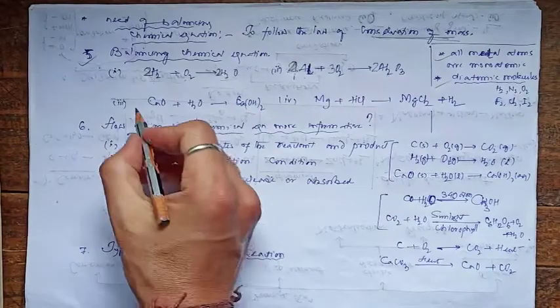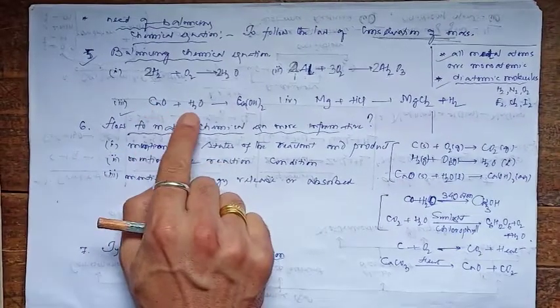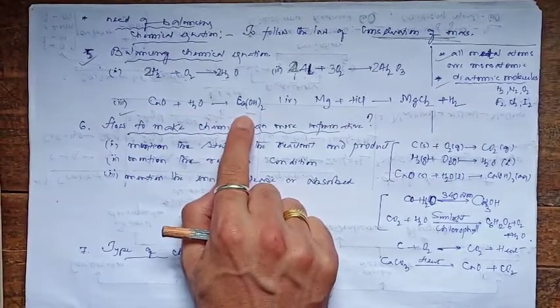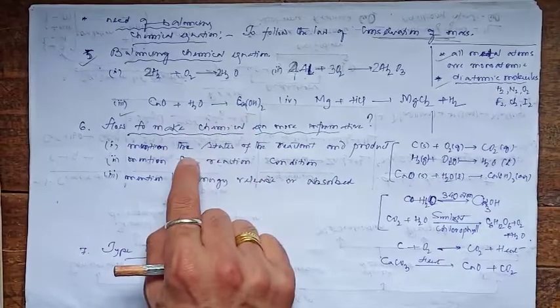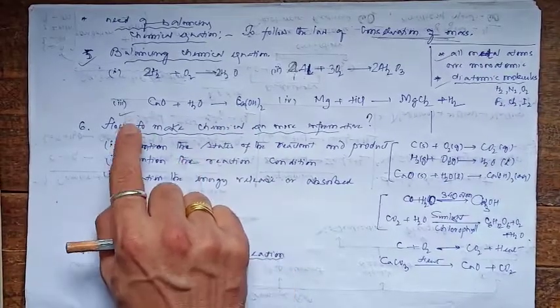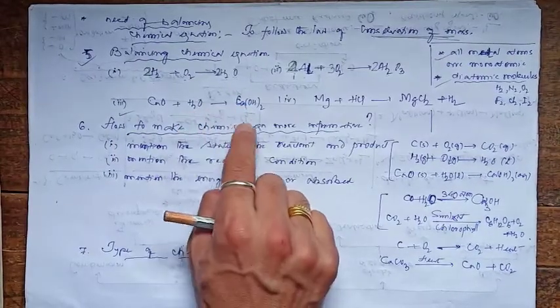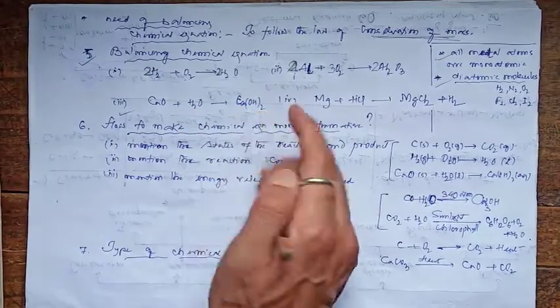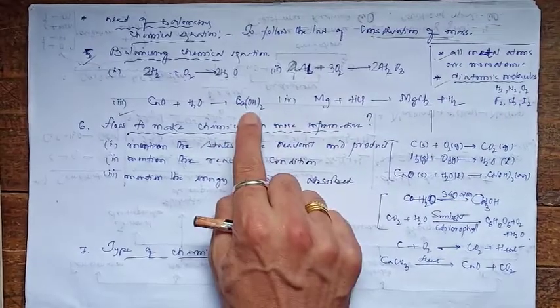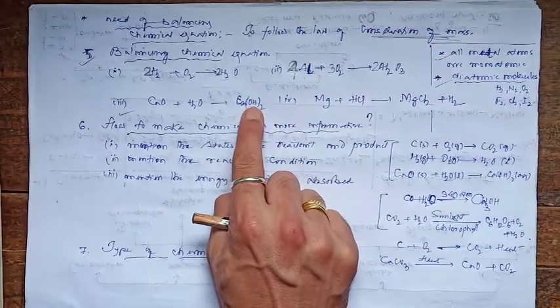Now let's move on to the third equation. We have calcium oxide plus water gives calcium hydroxide. Now check the number of atoms of each element on both sides of the equation. You have calcium 1, so the calcium atom is balanced. Hydrogen 2. You can see this 2 is outside the bracket, which means it counts for both oxygen and hydrogen.